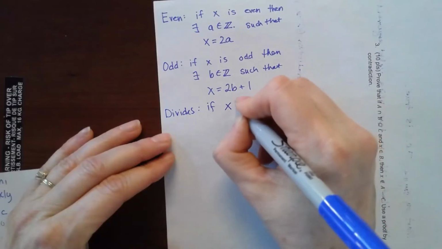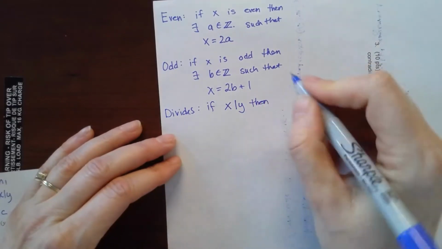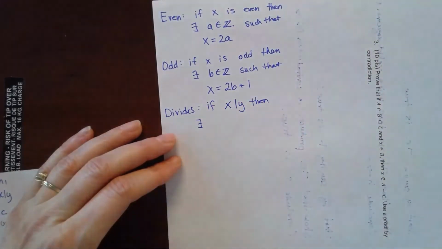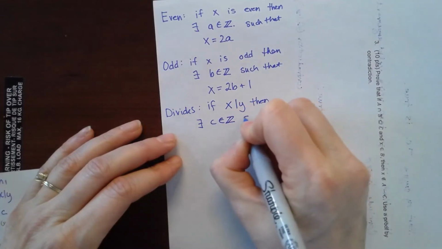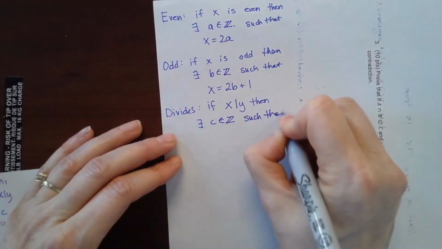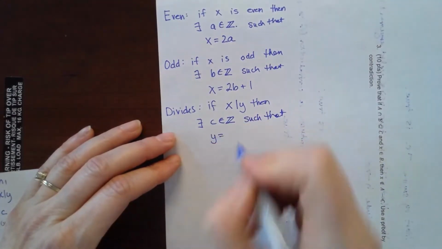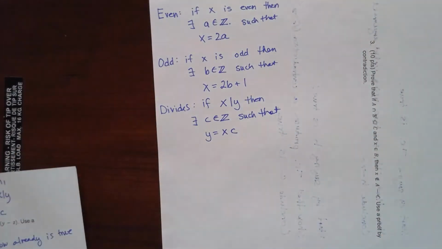We have divides. If x divides y, then there exists an integer C such that y can be written as some integer multiple of x.